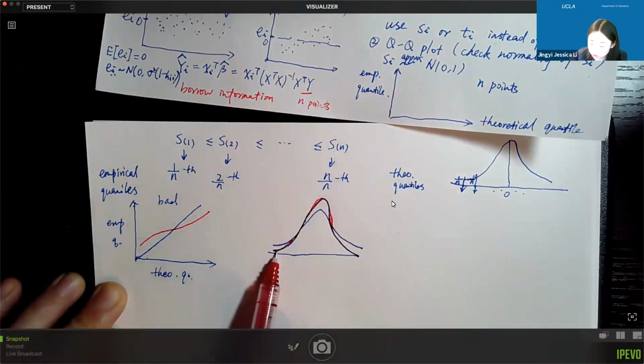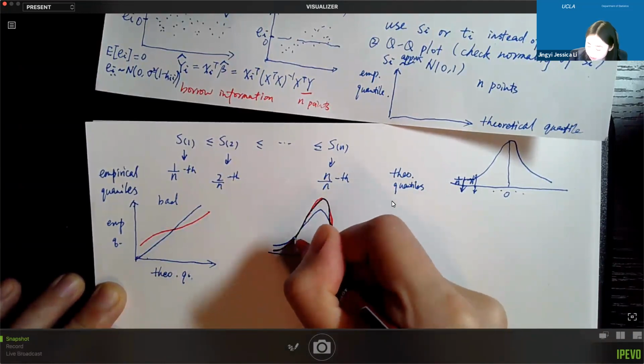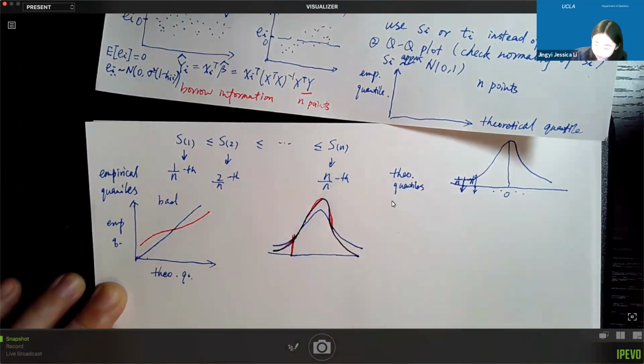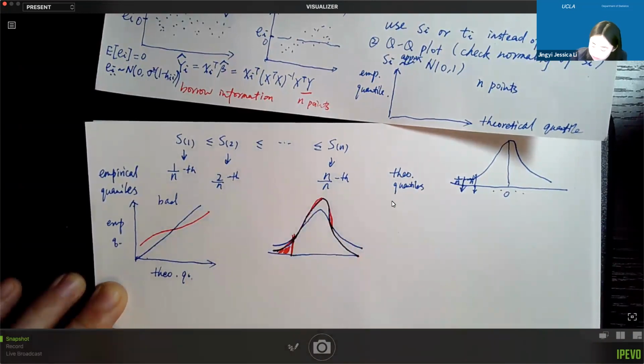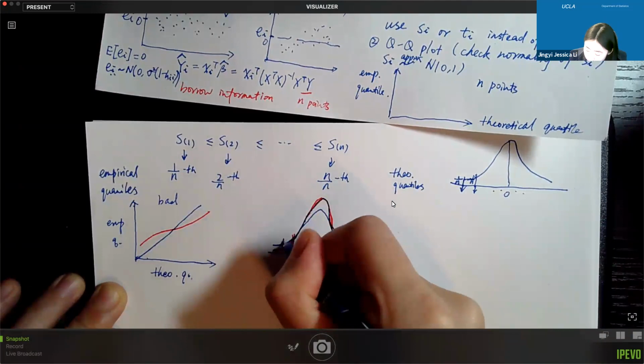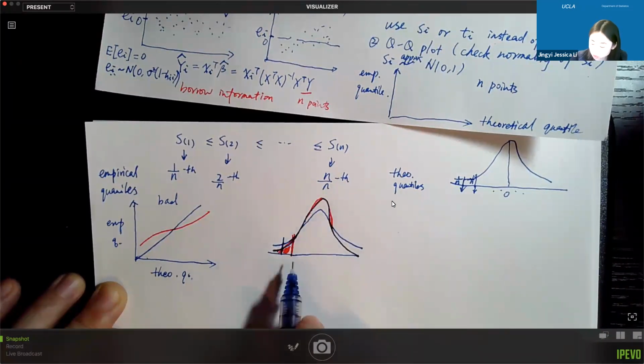Therefore, to receive the same left tail probability, I need to move more to the right. So probably over here, the left tail probability under the red curve would be equal to the probability under the blue density. So in this case, the red quantile would be larger than the blue quantile.